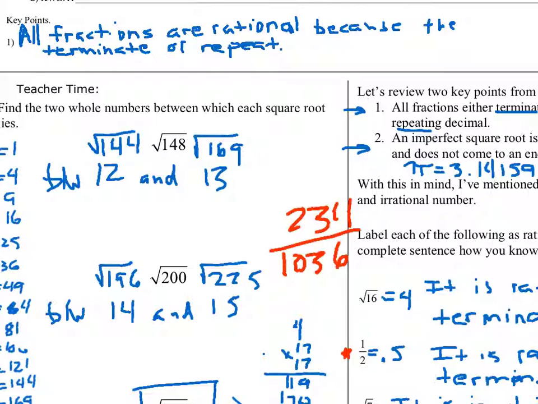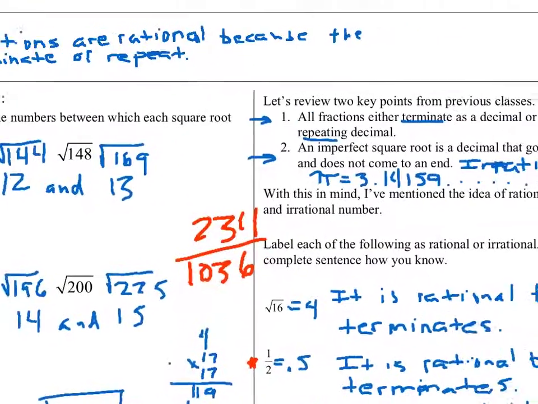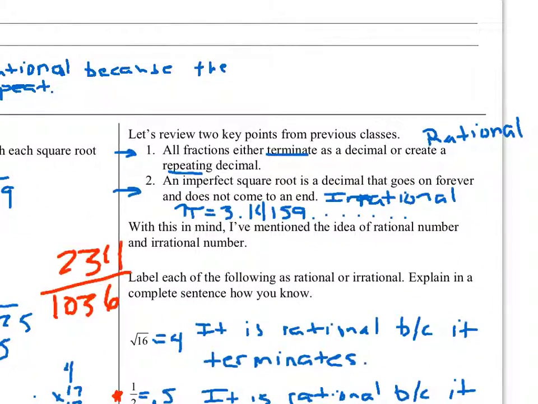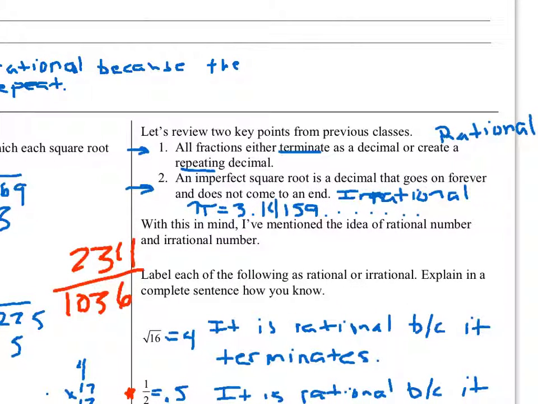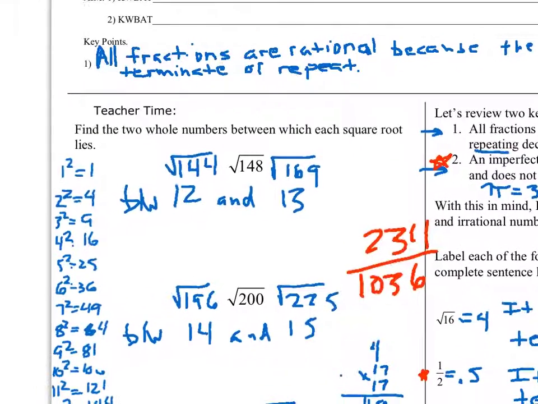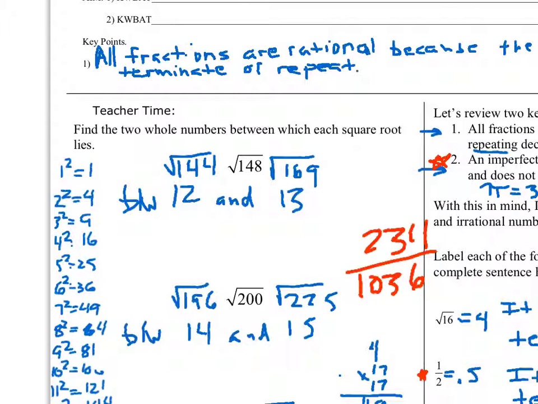So she wants to say, hey, this is definitely a key point here. This gives us our definition of what irrational numbers are. Imperfect square roots go on forever and do not come to an end. And most importantly, that's also our definition for an irrational number. Okay? So I think that's totally appropriate to add as our second key point with the star.